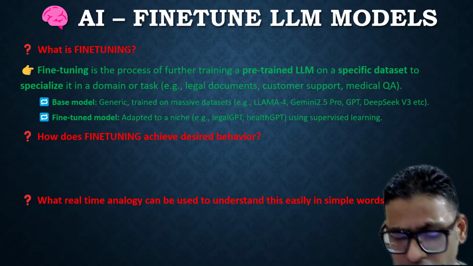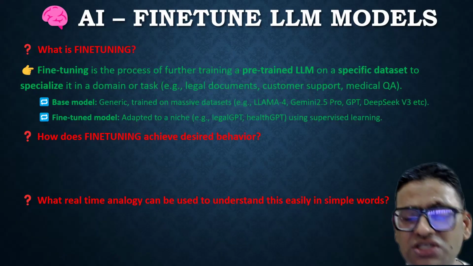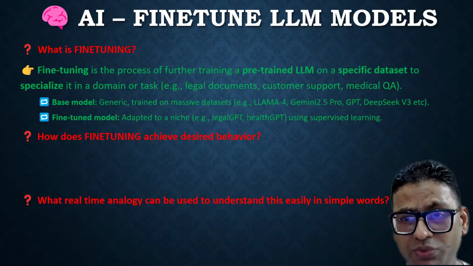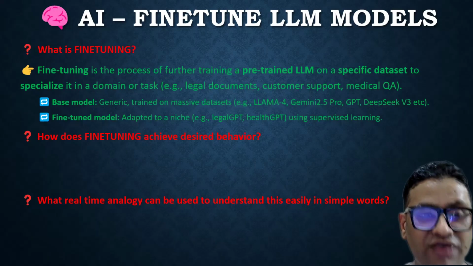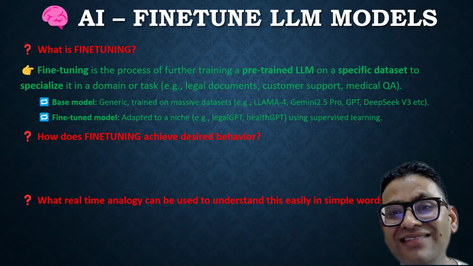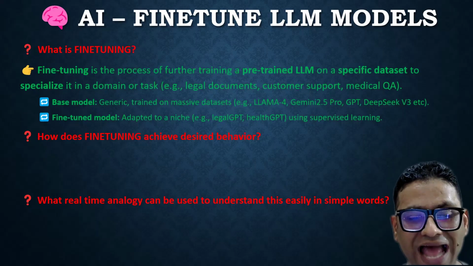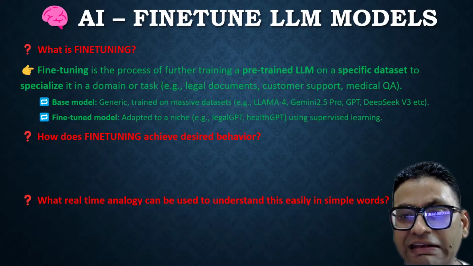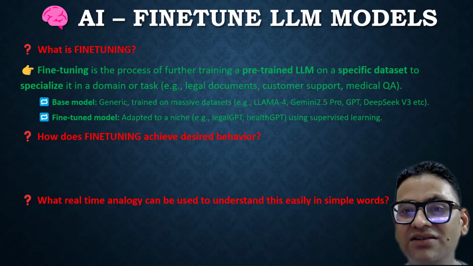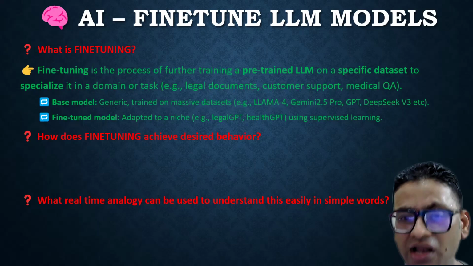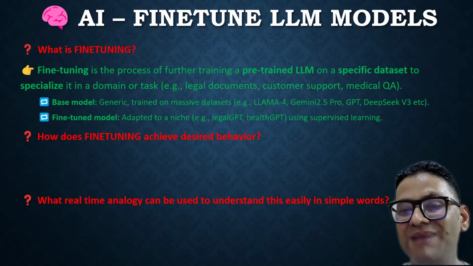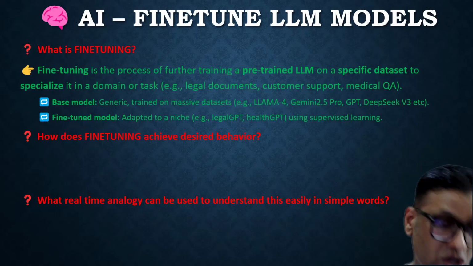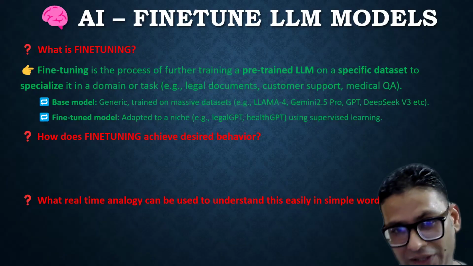There can be n number of situations, because a lot of industries don't expose their data, and we need a very specific task to be done using these large language models. At that point we have to train these models so that the domain specific nitty-gritty can be understood by them, so that they can start answering specific questions related to the specific domain and industry. That is where we have to do the fine tuning.